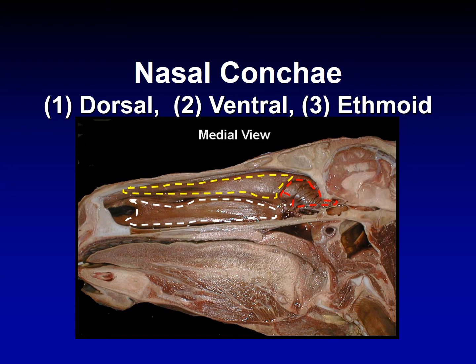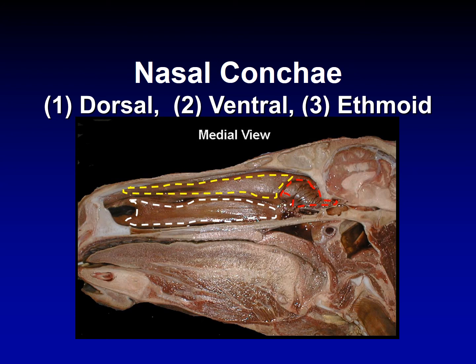We have the ventral, which is the white lines, and we have the red one, which is the ethmoid, the one that I just talked about when I said we need to be very careful when we pass a nasogastric tube or an endoscope in the ventral nostril not to injure this ethmoid, because it's highly vascular, and injuring that causes major bleeding. So we have to be careful.